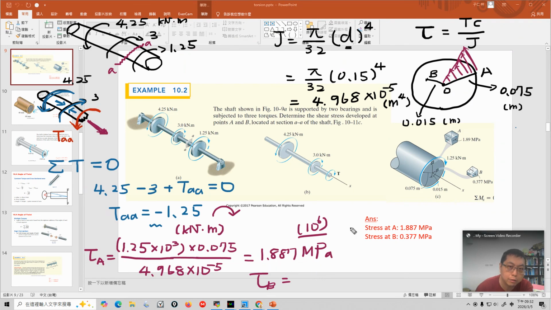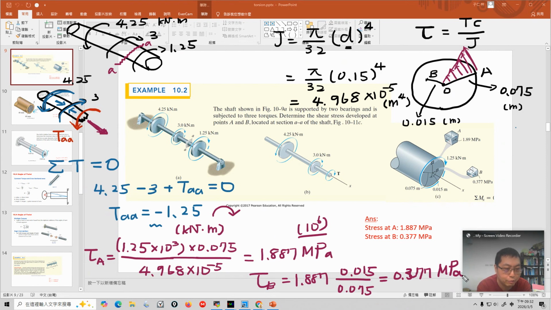We know the maximum is at point A, on the surface. So we just multiply by 0.015 over 0.075, and you will get 0.377 megapascal.